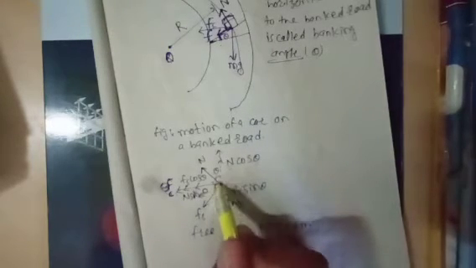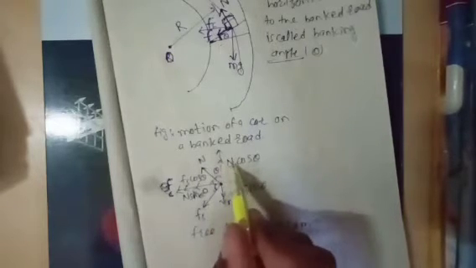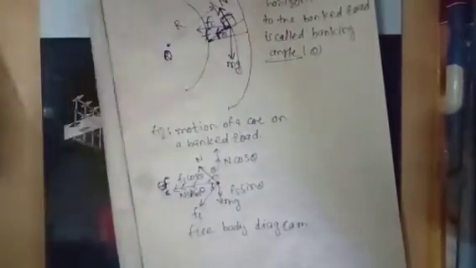This total angle is 90, so this angle is 90 minus theta, and again this angle is theta. Therefore we resolve N along the vertical and horizontal directions as N cos theta and N sin theta.